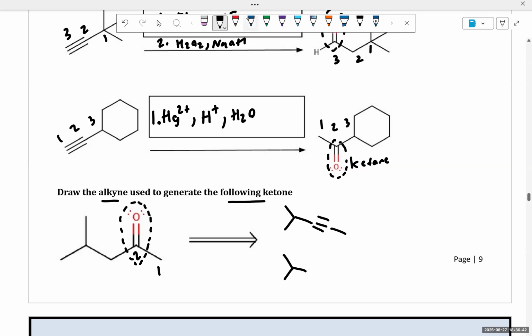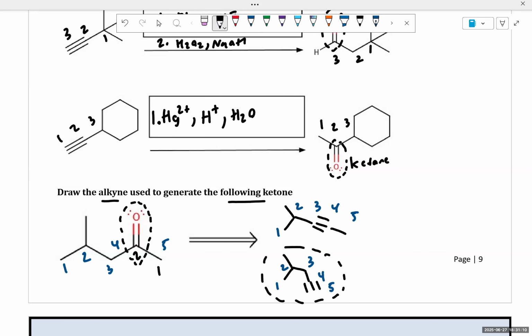Let me just show the mapping here. 1, 2, 3, 4, 5. We can also do the following alkyne. Of these two choices, I'm going to select the alkyne on the bottom.